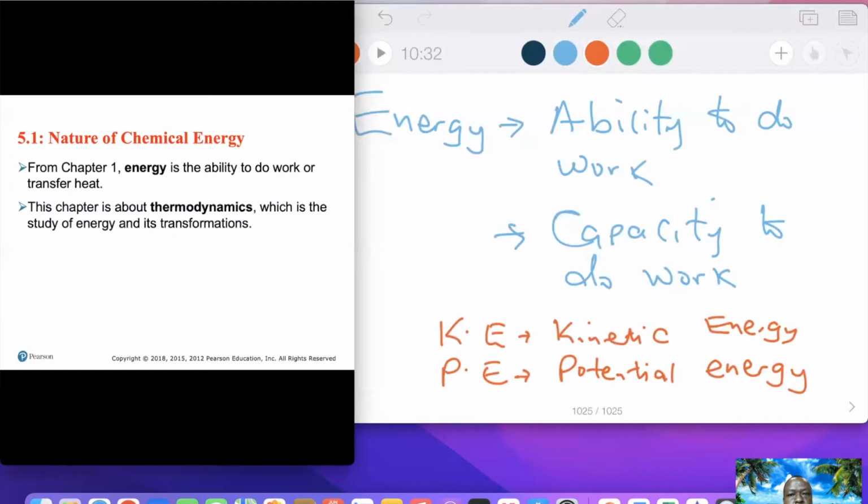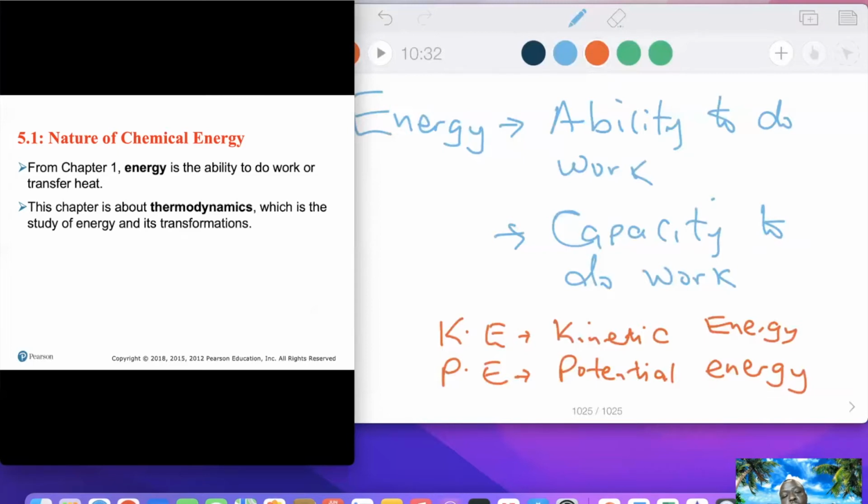In this chapter, that is chapter 5, thermodynamics is simply the study of energy and its transformation. Okay, transformation, energy can be transformed from one form to the other form. It could be from potential energy to kinetic energy. It could be from chemical energy to heat energy and so forth.